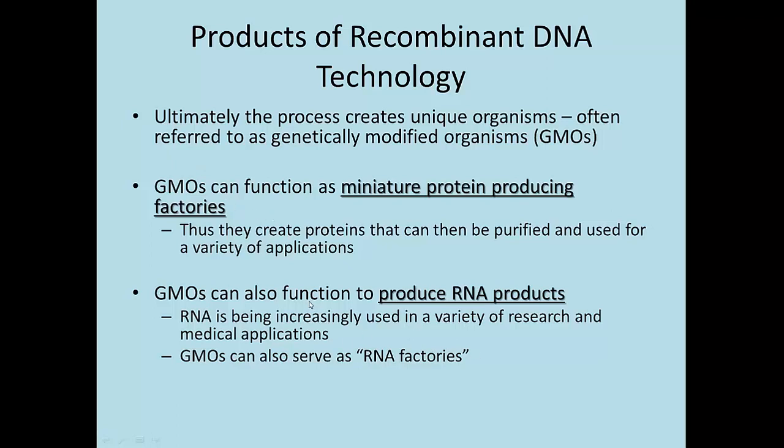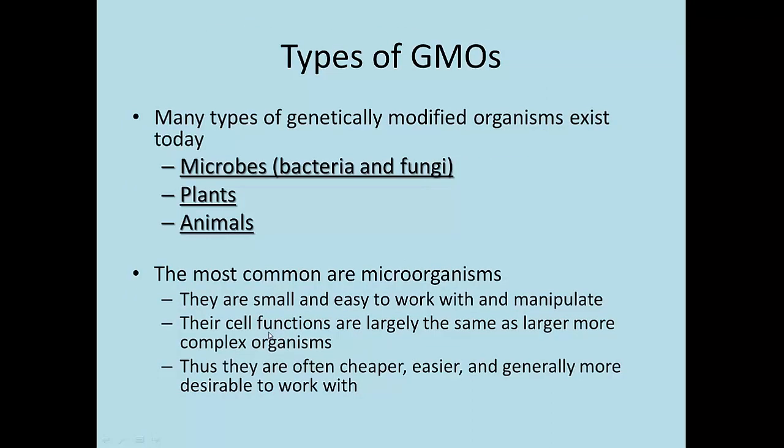The same application can be applied to the production of RNA products. RNA is not something we get into as much here, but just like protein can be a drug, or it can be some sort of beneficial product, the same is true of RNA. Genetic modification of living organisms started in the 70s and has been progressing ever since.